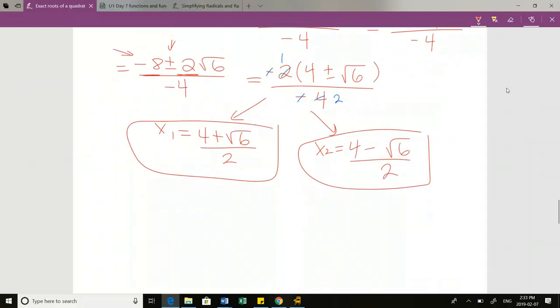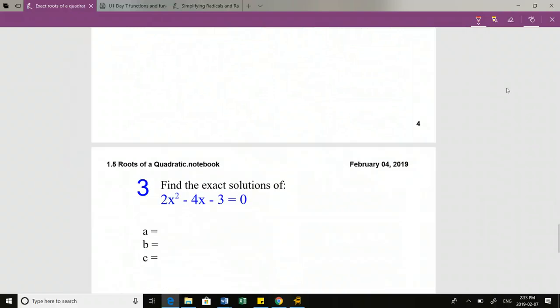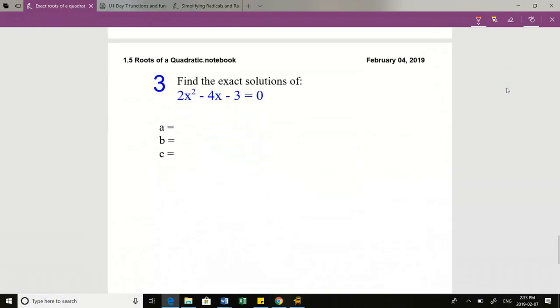Chris? Yep. Okay, why don't you guys try the last one? See what you can do with it. See if you can get it fully simplified. I'll put up my answer in a second.